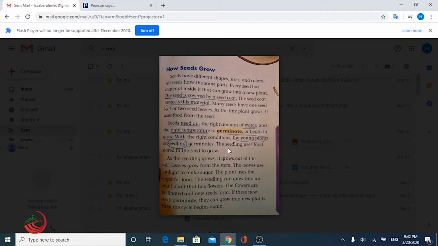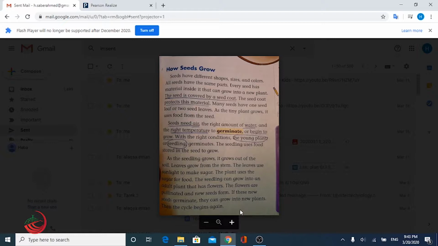Now we will explain the cycle of the plant when it grows, what happens. This paragraph is not very important. It's just telling you what you already know. We may read it fast.